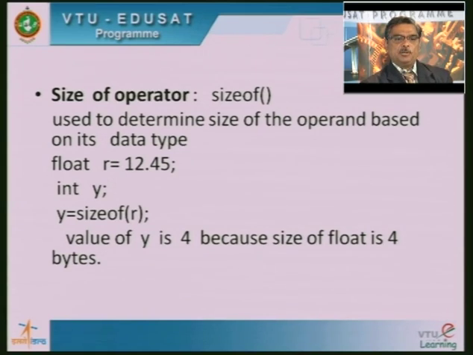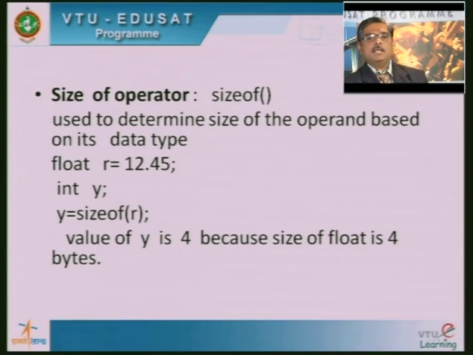Since r is a float, the value of y now becomes 4, so 4 bytes will be taken. If the variable is int type, when you use sizeof on the corresponding int variable, then it prints 2, because it occupies 2 bytes. So the sizeof function gives how much memory the variable occupies inside the memory location.